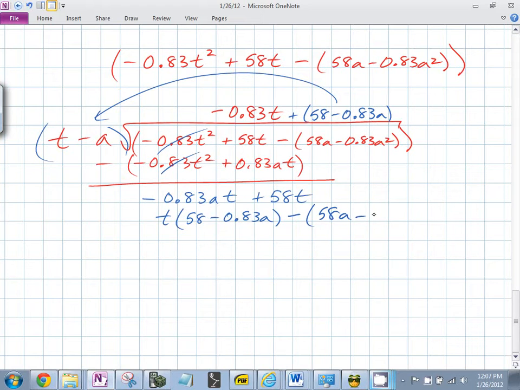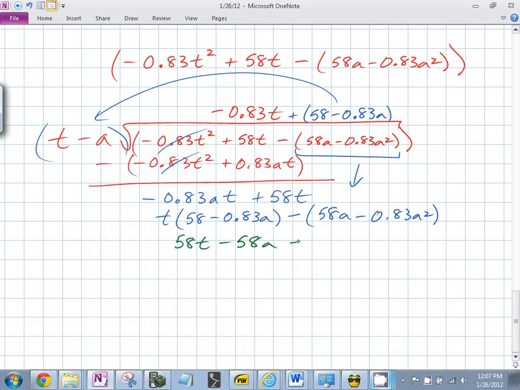Let's multiply this out and be really careful about it. Does everybody see what we're doing here? I'm going to write the new multiplication in green. If I multiply this thing in green, what do you end up with? 58t minus 58a, right? Yep. And then you get negative 0.83at plus what?